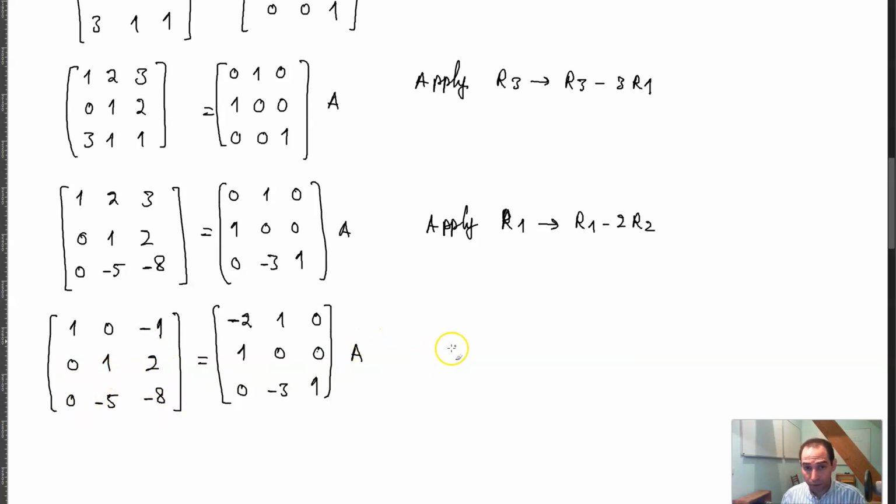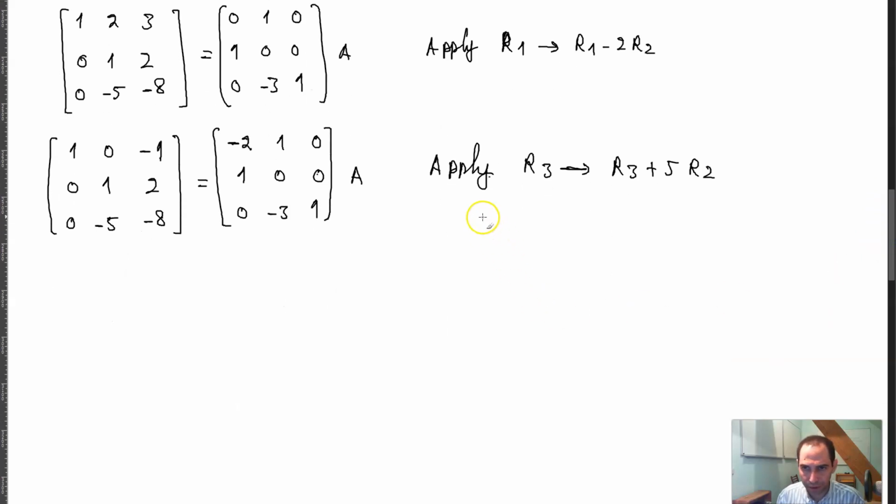Now if I apply R3, R3 becomes R3 plus 5 times R2. Row 1 and row 2 remain the same, meaning that I will write 1, 0, negative 1, 0, 1, 2, and R3 over here becomes 0 plus 5 times R2, which is 0 here, which is equal to 0.